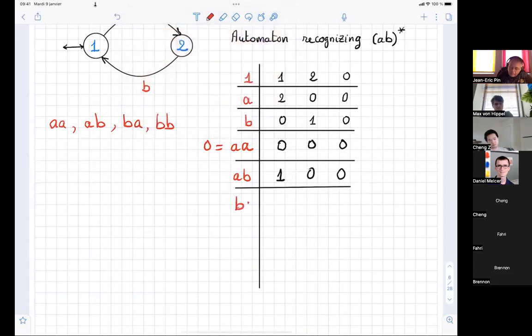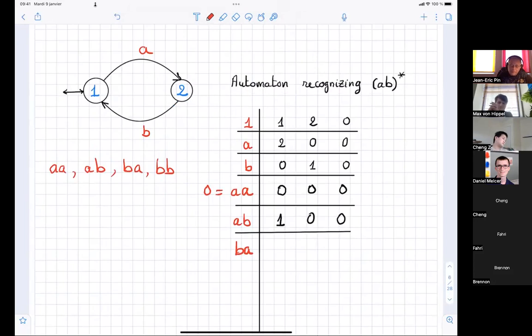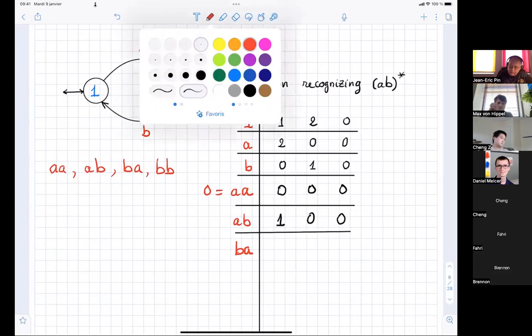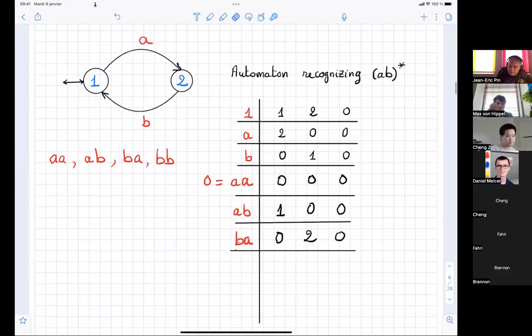BA. If I start from 1, I can't read any B, so this will be 0. But if I start from 2, B and then A, I arrive in 2, so this is 2 to 2. Very good. Now, what happens if I do BB?